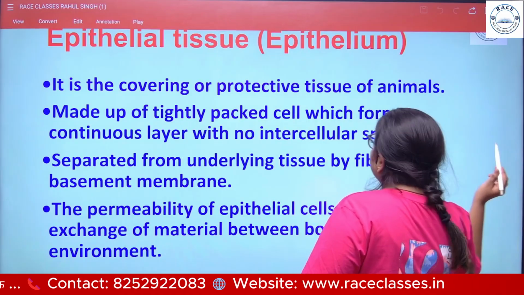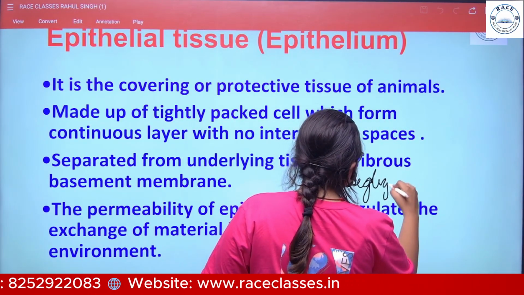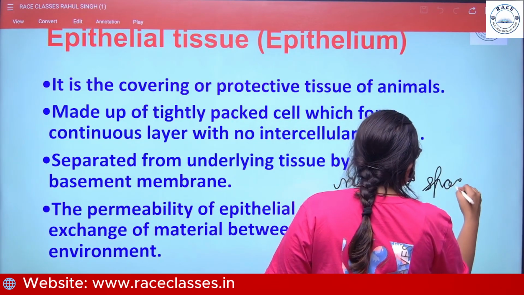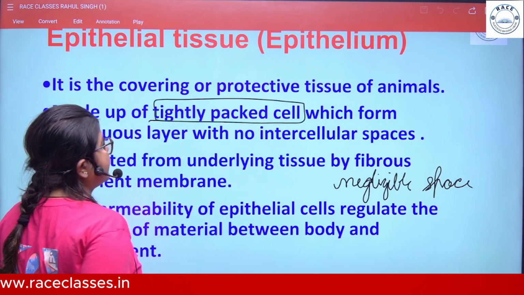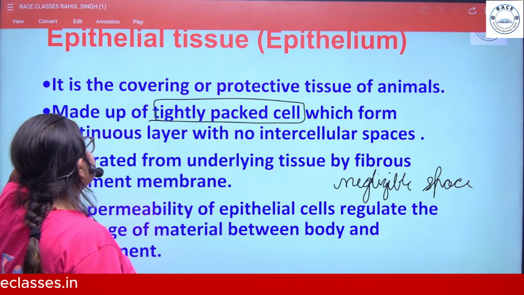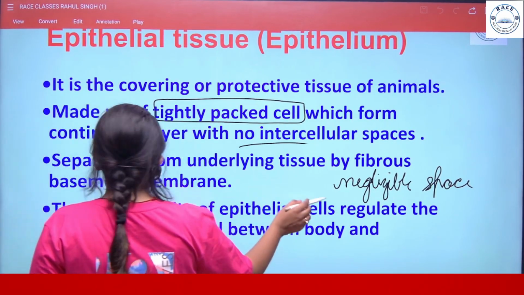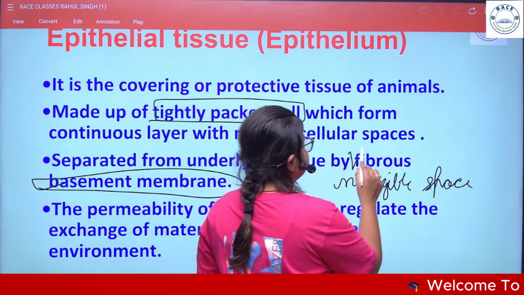Again, there is very negligible intercellular space that is present here. So they are also very tightly packed cells which form a continuous layer with no intercellular spaces, separated from underlying tissue by basement membrane, which is fibrous.